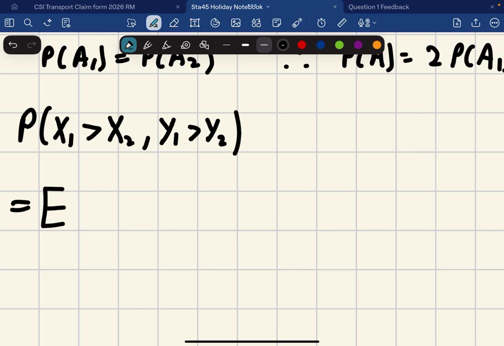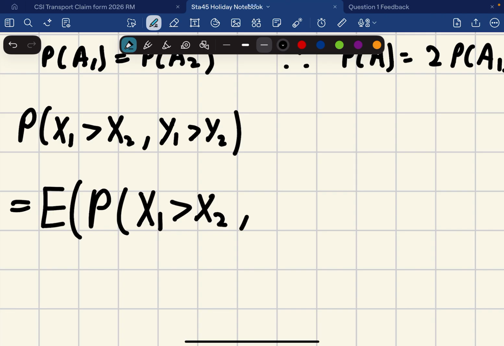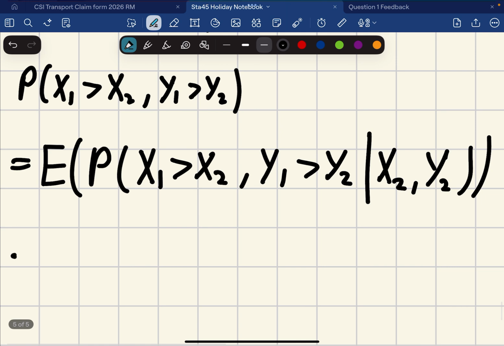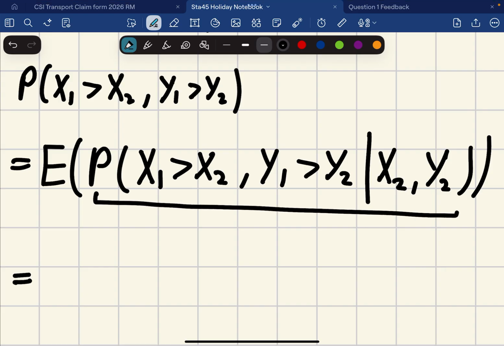This is the expectation of the probability of x1 being greater than x2, y1 being greater than y2, given x2, and we can use a comma for and to avoid writing too much, and y2 like that, which would obviously mean that we are finding the expectation of this with respect to these.